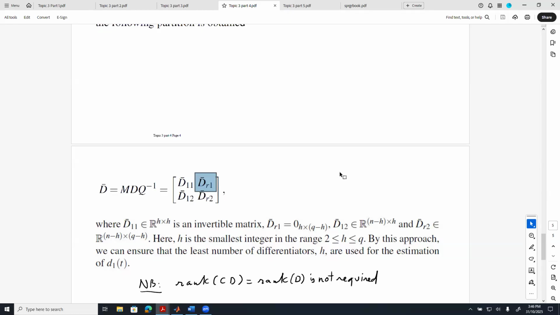In doing so, we would arrive at the least number of output differentiators.